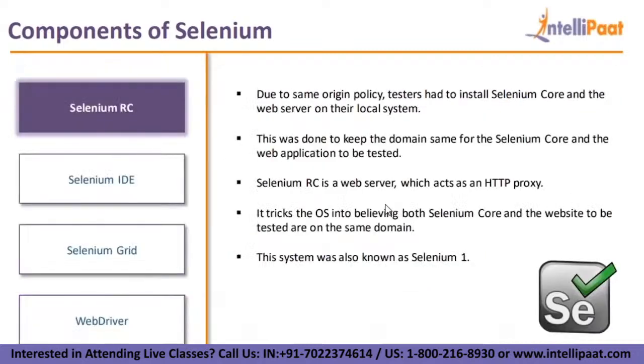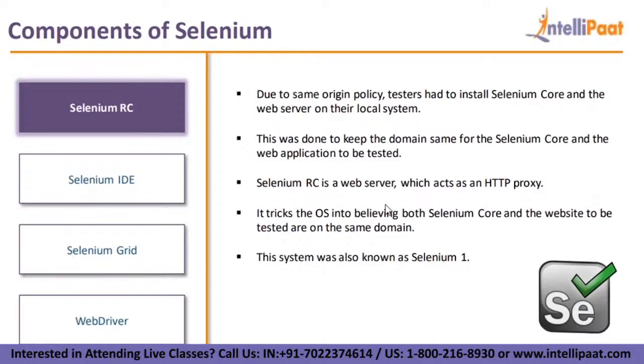So guys, Selenium RC was basically used because Selenium Core, when it was written, had a disadvantage that it could only check websites which exist on the localhost domain. That means any website on any other domain could simply not be tested because of its limitation, right? So what was Selenium RC?